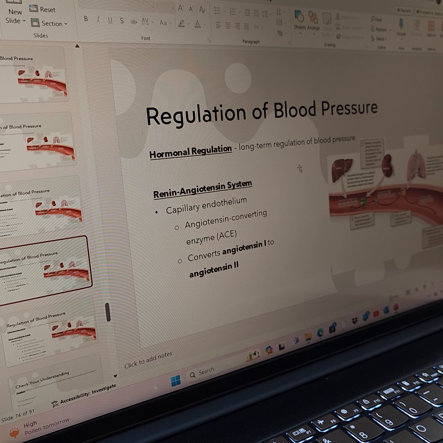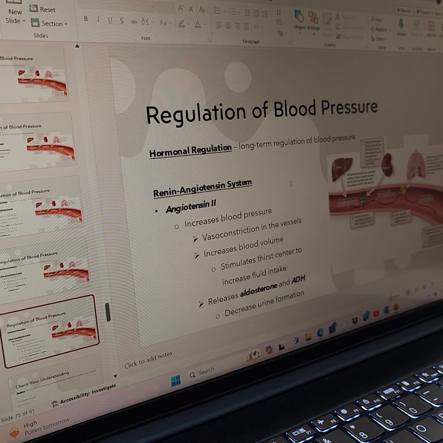The capillary endothelium, this is the conversion process. ACE, you'll see that over and over again. ACE, angiotensin converting enzyme. This converts angiotensin 1 to 2.